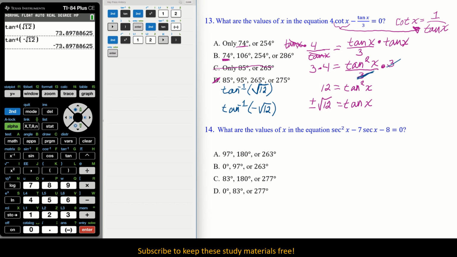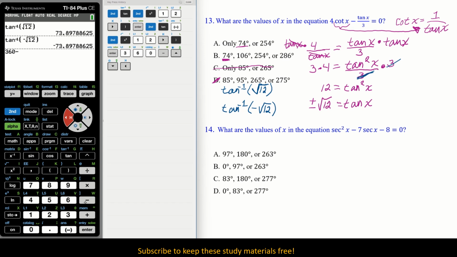So how do we deal with that? Well, that implies that we have 360 minus, you know what, I'm going to go up and grab that. However, if I grab it, I'll have to get rid of this here because it's a negative.